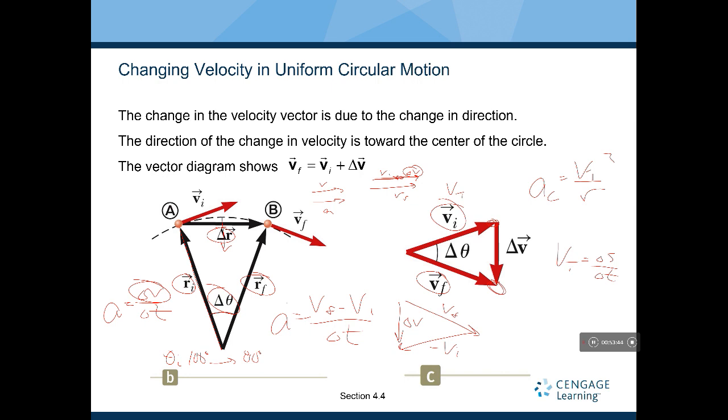Shouldn't it go here? If delta V goes from here, is it actually pointed towards the center? No. It won't perfectly be pointed in the right direction until you make it infinitesimally small, and then it will have the perfect direction towards the center of the circle. Does that help? Cool. If not, please let me know.